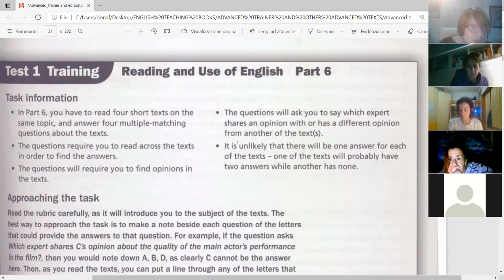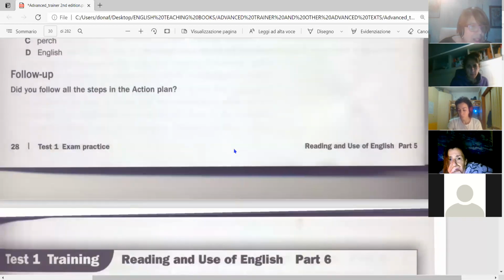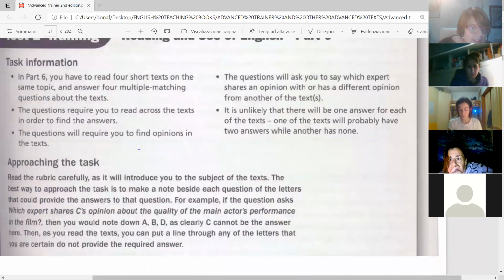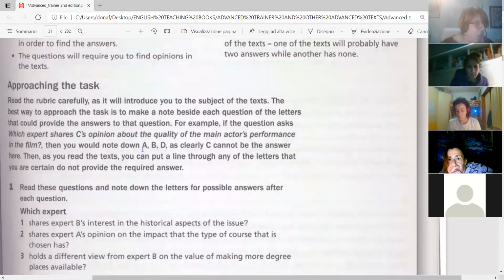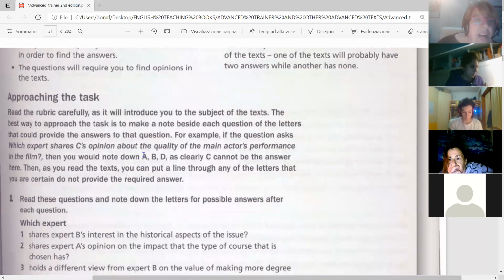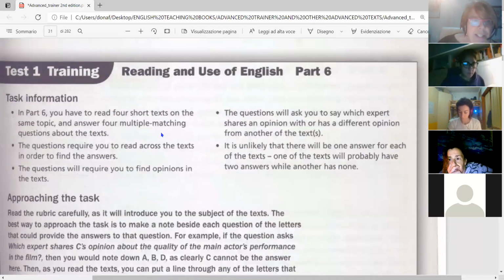Okay, what's the time? Oh, it's time to go actually. Let me see what is going on in part 6, just to have this idea. Usually in part 6 we have 4 short texts with the same topic, and we have to answer 4 multiple matching questions about the text.